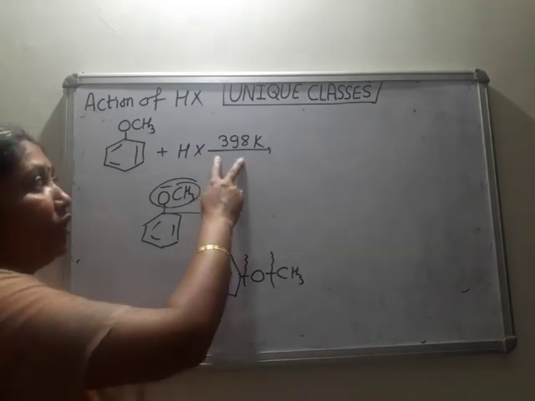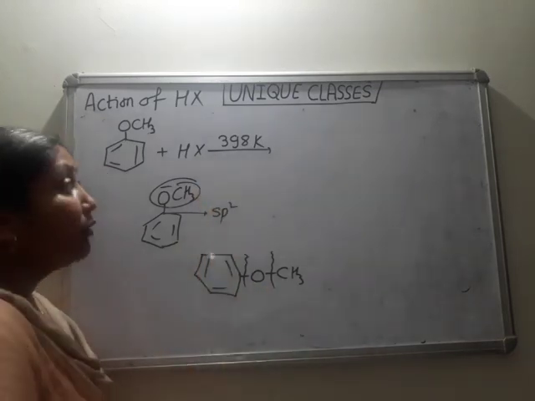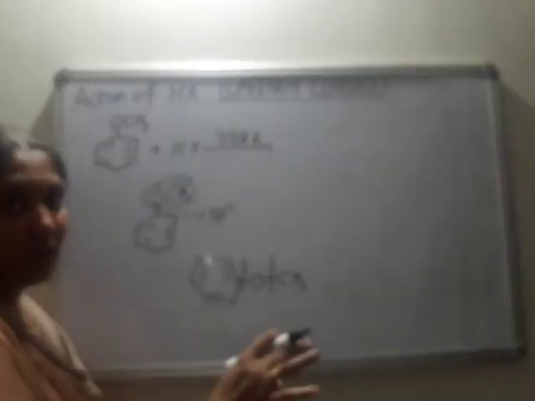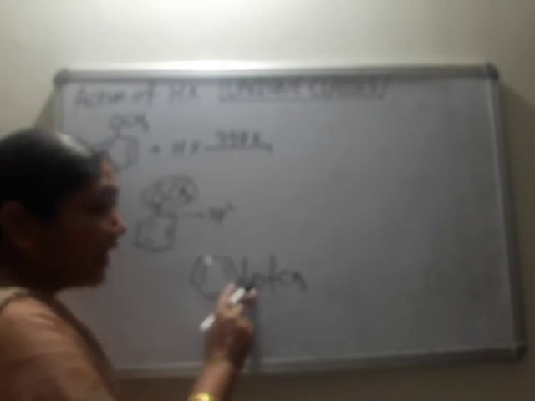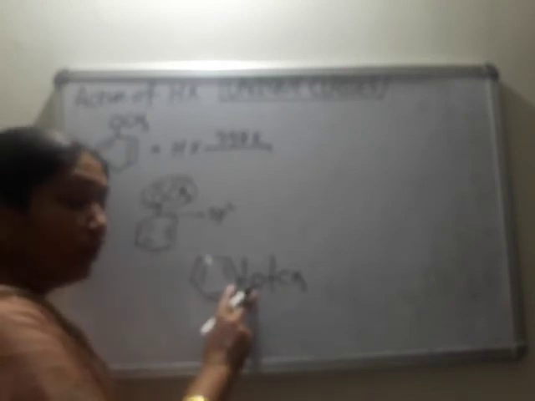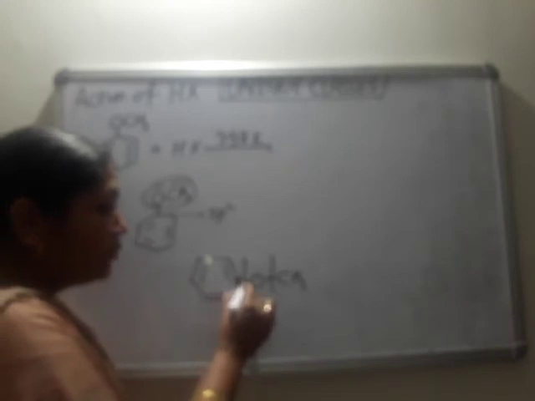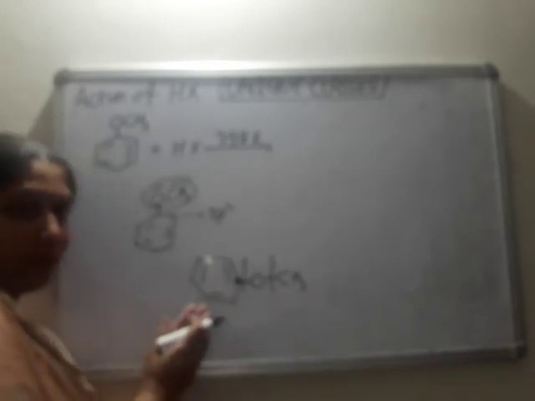We studied the action of hot HI, where both alkyl groups or aryl groups are detached. But here this phenyl ring is not detached from the ether. It is difficult to break this bond, since this is an sp2 hybrid carbon, so this bond length is shorter, both being close to each other.